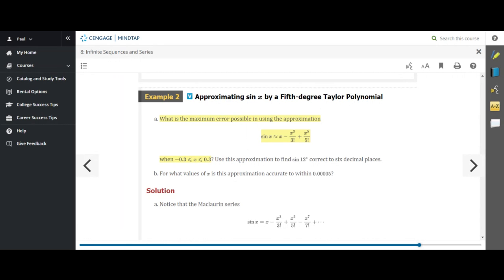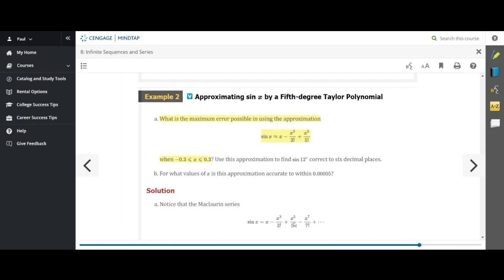Actually, one moment. This is example 2, section 8.8. I really just want to focus on this part.